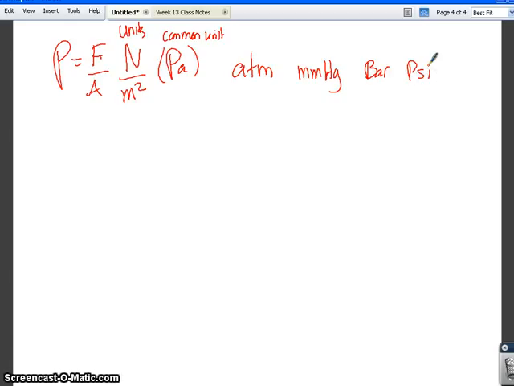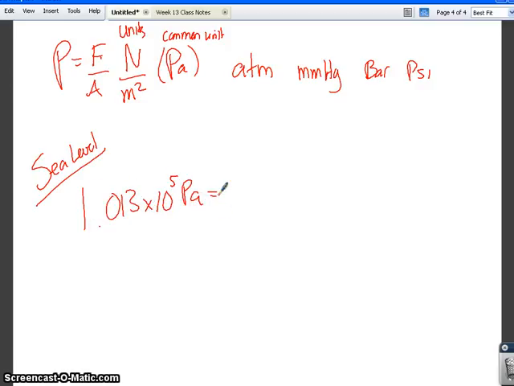So at sea level, this is an important thing to know, and it'll always be given to you on a test: 1.013 times 10 to the fifth pascals is the same as 760 millimeters of mercury, which is the same as 1 atmosphere, which is the same as 1 bar, and I don't remember how that relates to PSI right now.